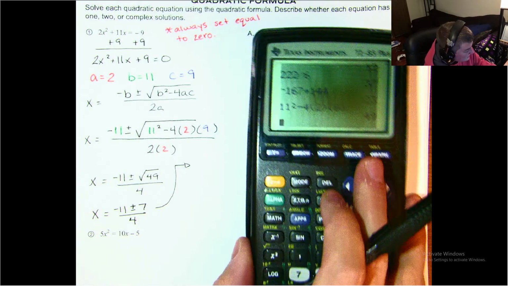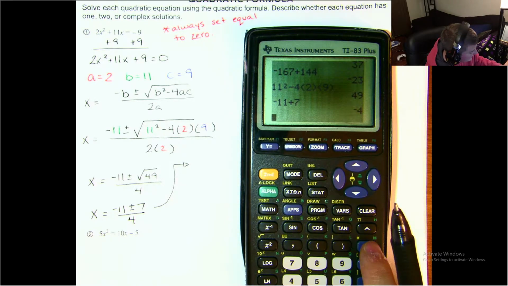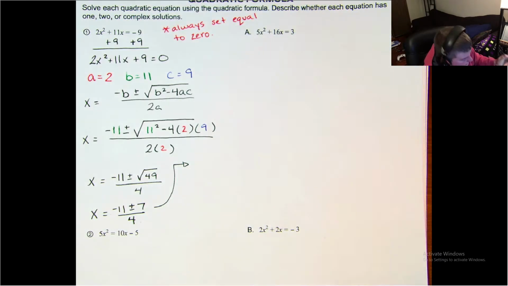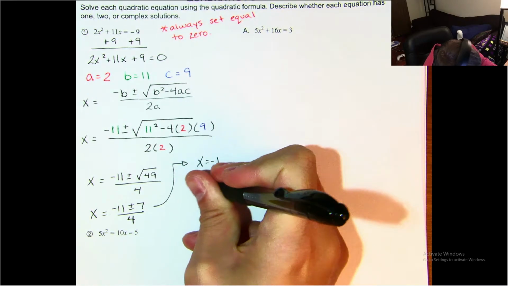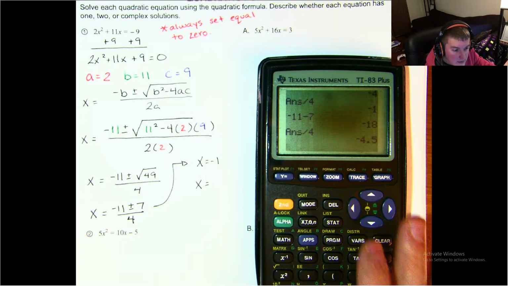So my first answer is negative 11 plus 7, which is negative 4, and we divide that by 4, which is negative 1. So we get an answer of negative 1. And then we're also going to get an answer of negative 11 minus 7, which is negative 18, divided by 4, negative 4.5.